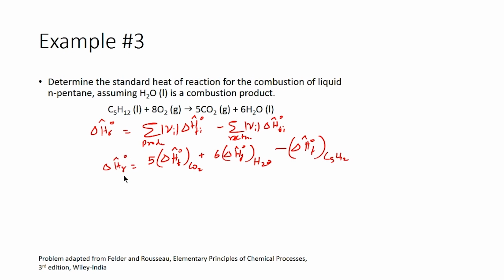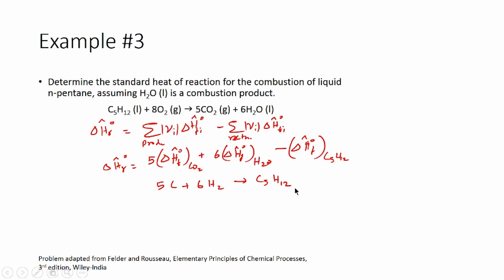Now, before we perform these calculations, let us verify if the equation we had is correct. For that we will have to look at Hess's law, and for applying Hess's law we first need to start with the formation reactions. Let us see if the formation reactions will follow the same equation to get the final equation of interest. The formation reaction for n-pentane would be 5 C plus 6 H2 gives C5H12.